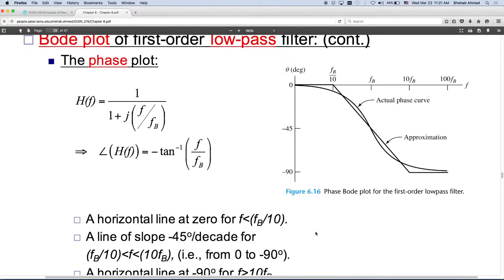And same thing here, the slope of this line: if you go to this point here, for example, it's minus 45 at fb, and then at 10 fb, it's minus 90. So the slope is 45 degrees per decade, per 10 multiples of frequency. Right?